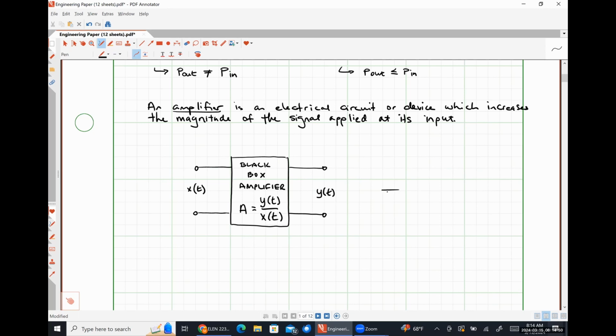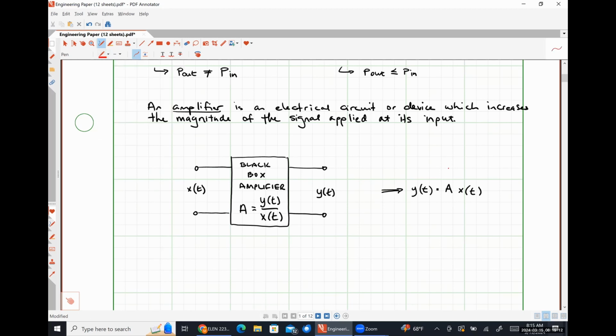We can write this in a slightly different form. So we could say that our output signal Y of t is simply our transfer function A multiplied by or acting on our input signal X of t.